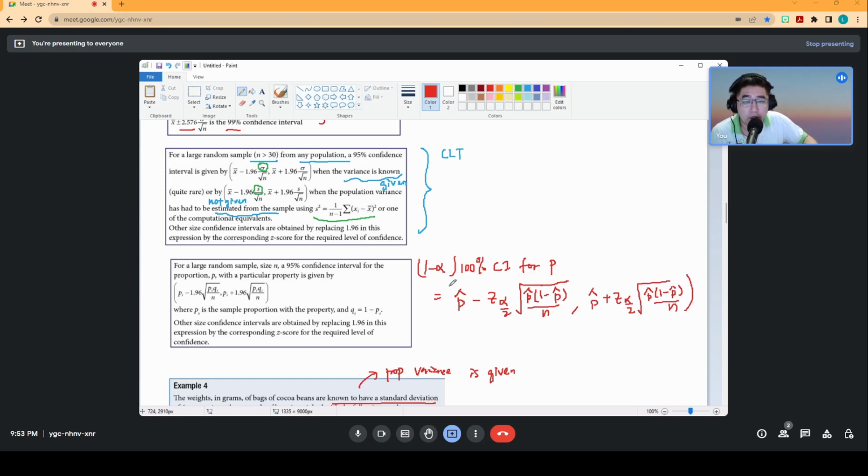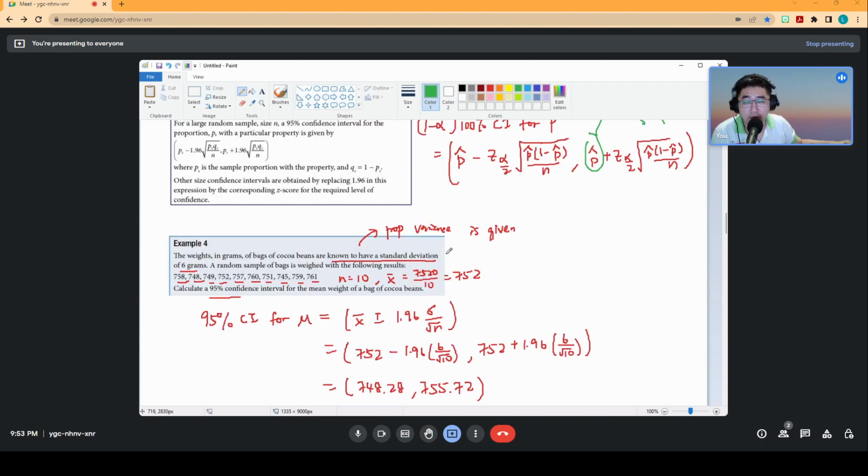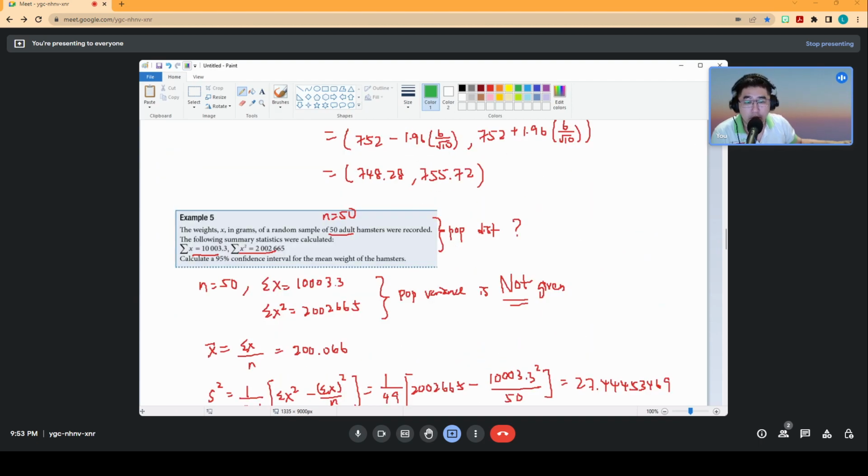The reason I write P hat here is to tell you that this is a proportion that you found from the sample. In this question, it is written in the form of P subscript S, but I write it as P hat. So let's look at the example.